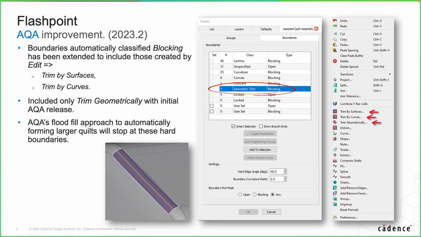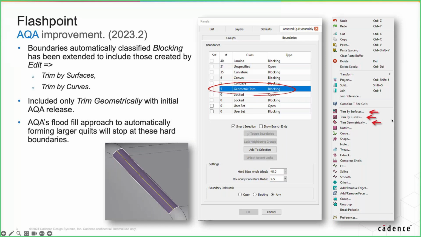The boundaries created from those trimming tools now automatically feed into AQA, and it will classify those as blocking boundaries. The assumption is that whenever you're trimming your geometry in Pointwise, more than likely you want the boundaries from those new trims to become hard boundaries for the quilting that you're going to do in assisted quilt assembly. And you can see that in the table in AQA here.